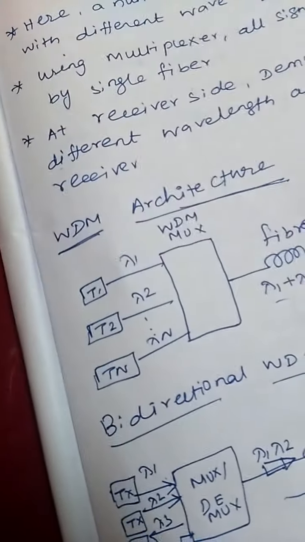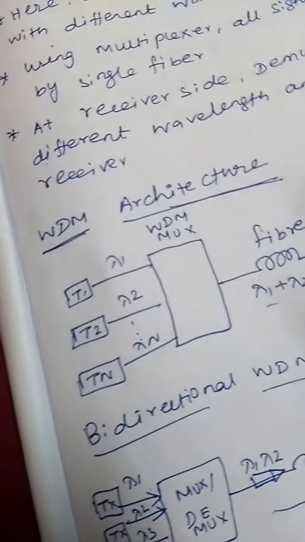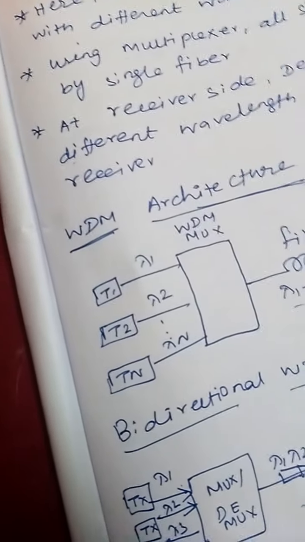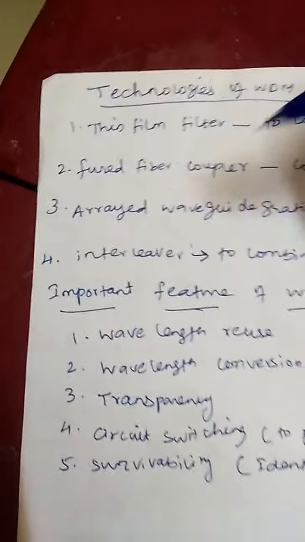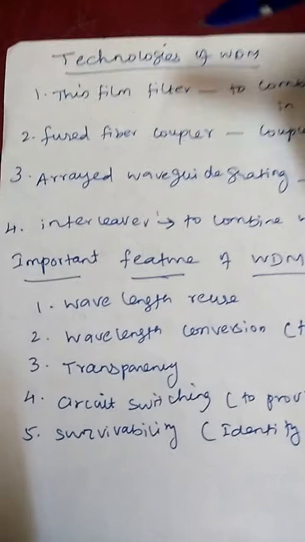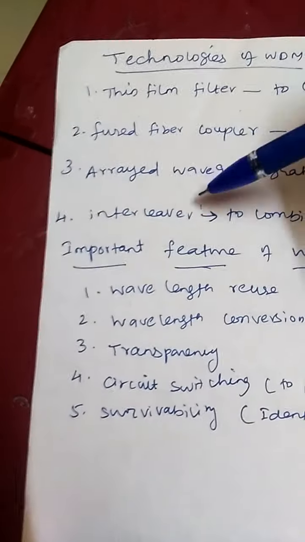So using thin film filters we can connect the multiple wavelengths in a single optical fiber. This thin film filter is the very essential technique in WDM compared to the other techniques.